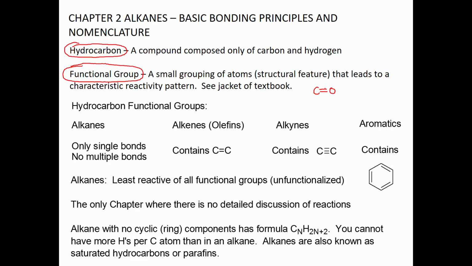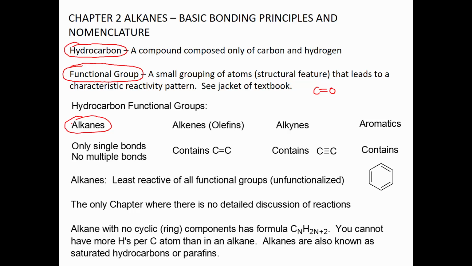Okay, in Chem 313, we're going to cover all of the hydrocarbon functional groups, and these include alkanes. And alkanes are characterized by the fact that they don't have any multiple bonds in the structure. They have only single bonds and no multiple bonds, and they contain only carbon and hydrogen.